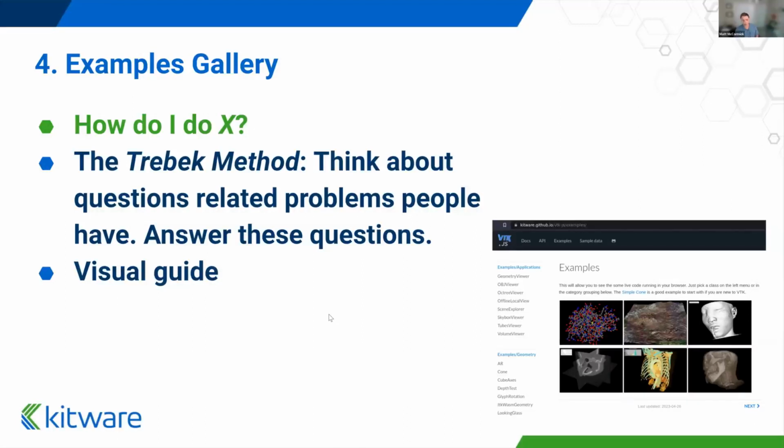And that way it can be concise and focused on problems that people will have. And ideally with these examples, if they're presented in a gallery format, so someone can quickly see what an example does, that's very helpful in navigating the documentation. Next slide, please.